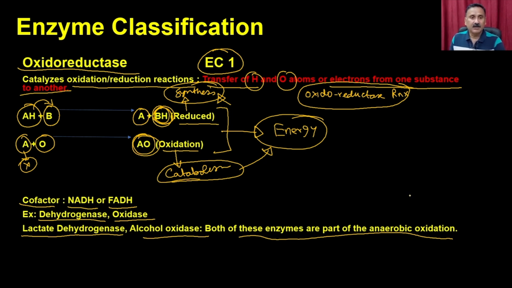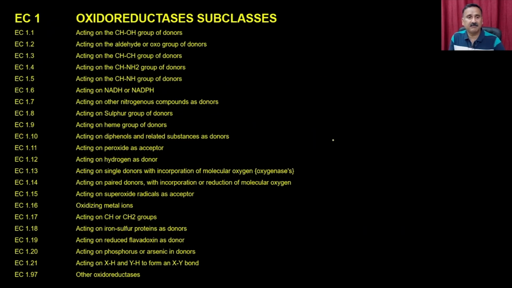Now, the oxidoreductase class is further divided into subclasses. So what subclasses are present within the oxidoreductase class? You have EC 1.1, which are the enzymes acting on the CH-OH group of the donors.